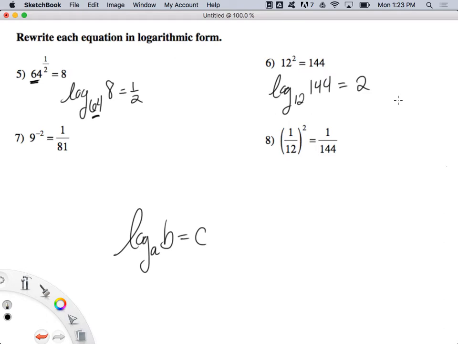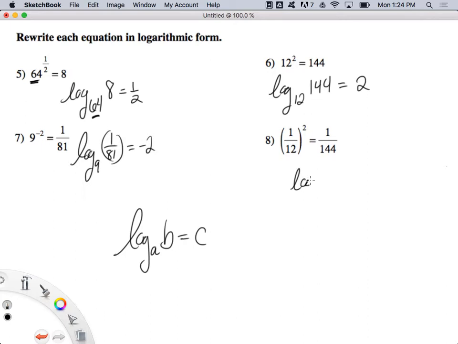So you got to make sure to do that. Okay, this one would be log base 9 of 1 over 81 equals -2.